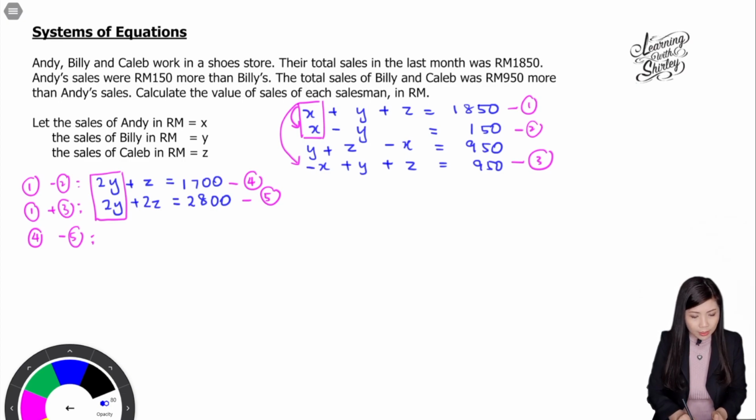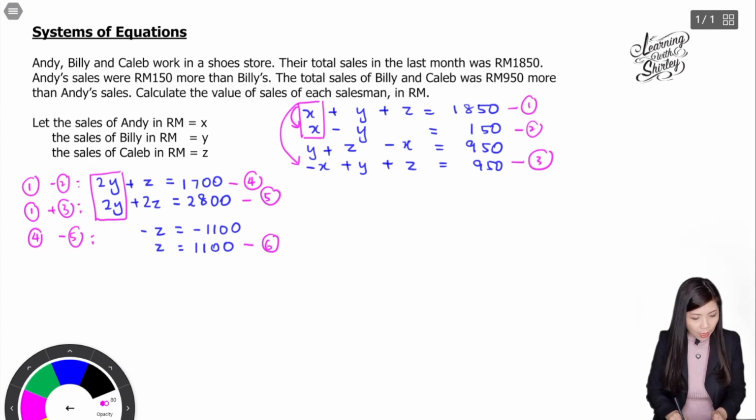Z minus 2z is negative z. 1,700 minus 2,800 is negative 1,100. So to find z, I'm going to shift the negative 1 on the left to the right. It becomes positive 1,100. So now we have the value of z. I'm going to take this as equation number 6.